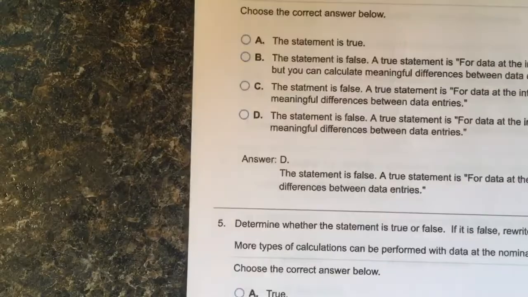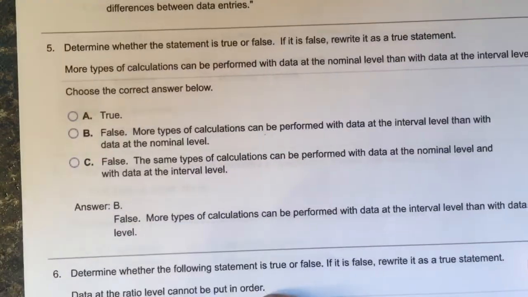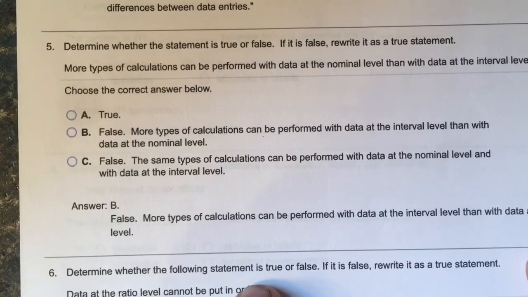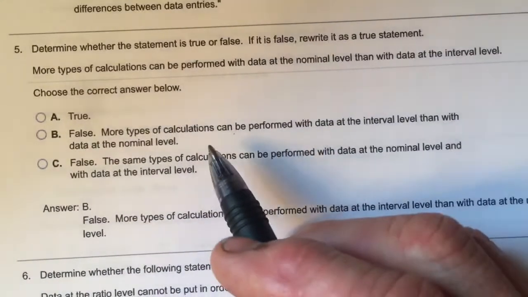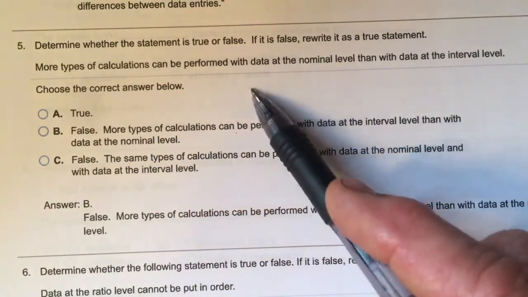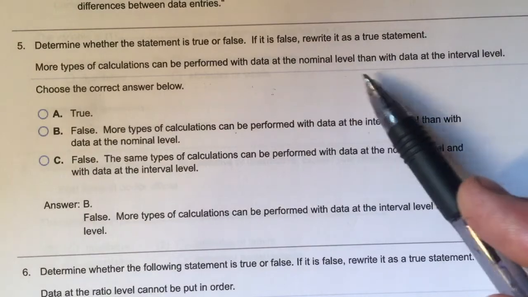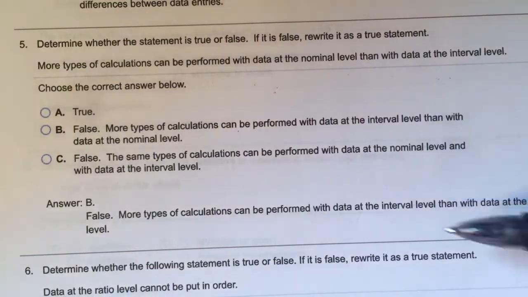Let's see here. Let's skip down to number 5. Determine whether the statement is true or false. If false, rewrite it as a true statement. All right, so more types of calculations can be performed with data at the nominal level than with data at the interval level. Okay, now remember this goes in order.